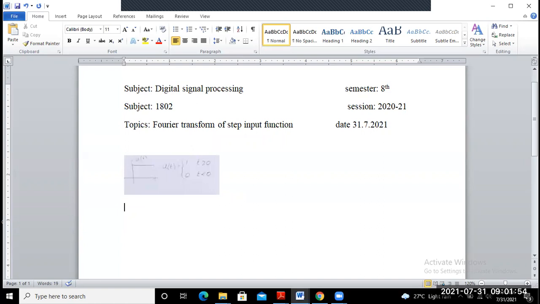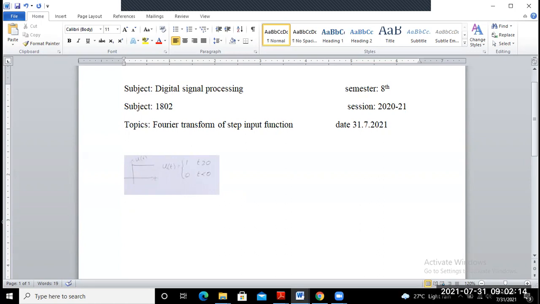The Fourier transform of any given function f(t) is the integration from minus infinity to infinity of f(t) e to the power minus j omega t dt, is it not?